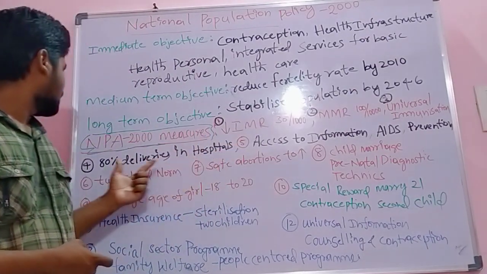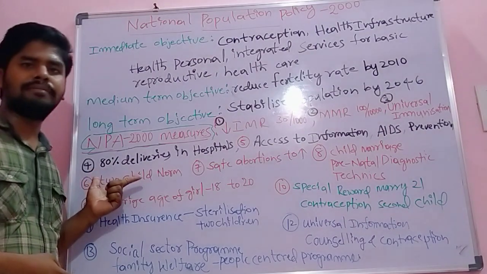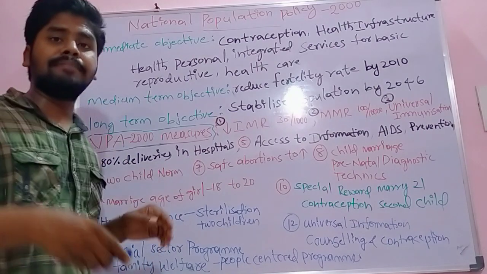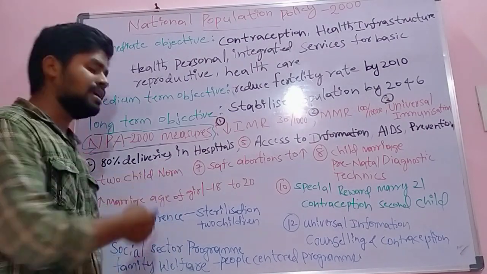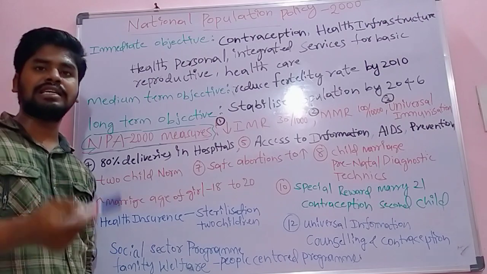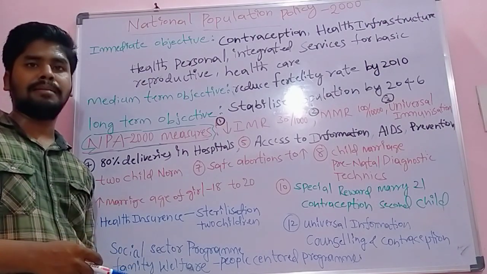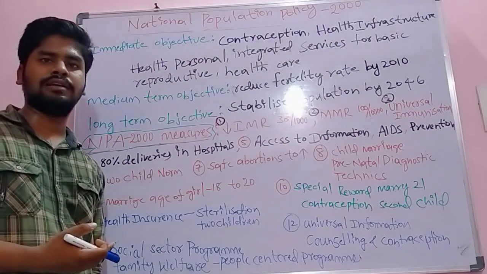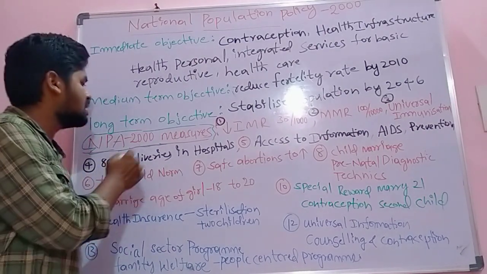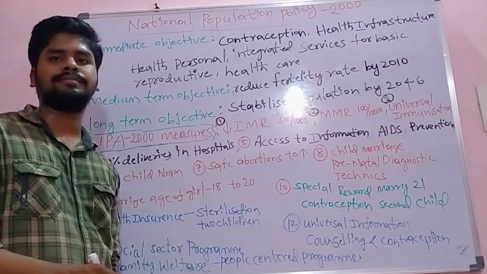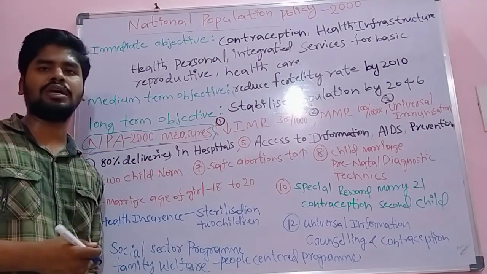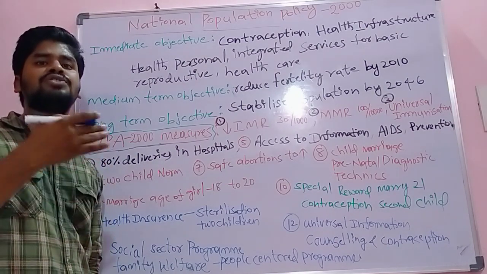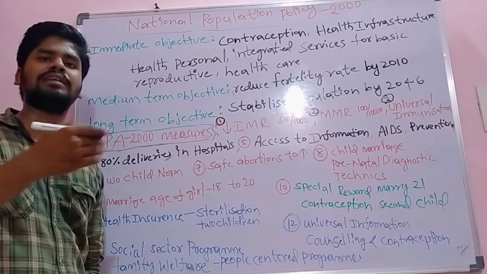I am coming to the fourth major important measure here: 80% deliveries in hospitals. 80% of deliveries have to be within hospitals, institutions, medical places only, with trained doctors and trained staff. Nowadays primitive, traditional and superstitious beliefs are still followed, and deliveries still happen like that in rural areas.